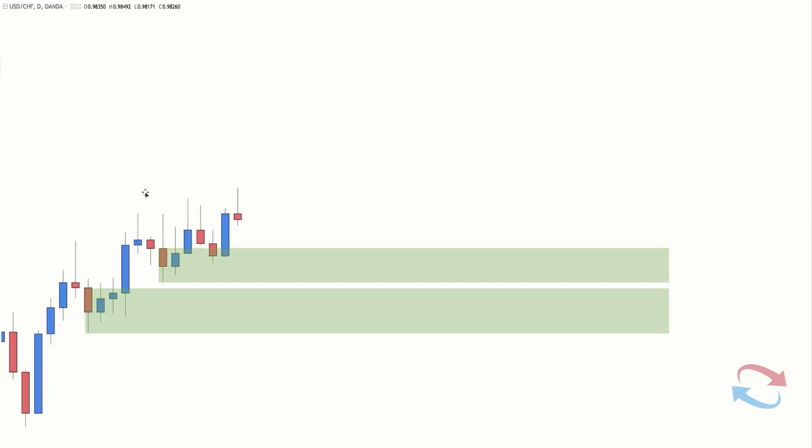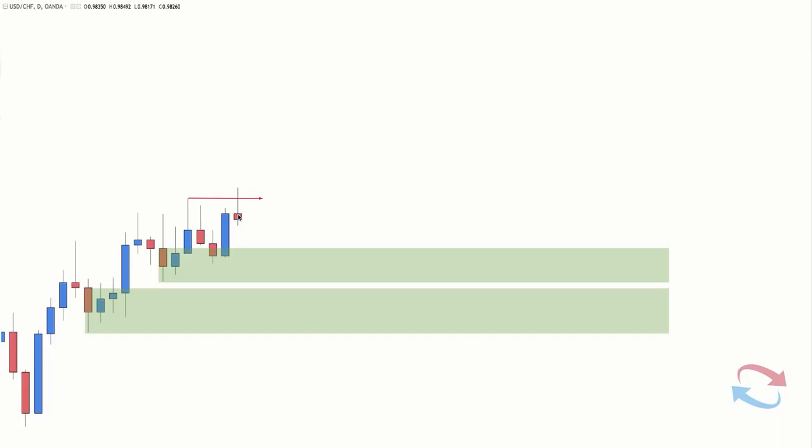Now we get a situation I previously spoke about when it comes to drawing demand zones, where we get a new high being made, right? But it's not a bullish candle, it's actually closed bearish.